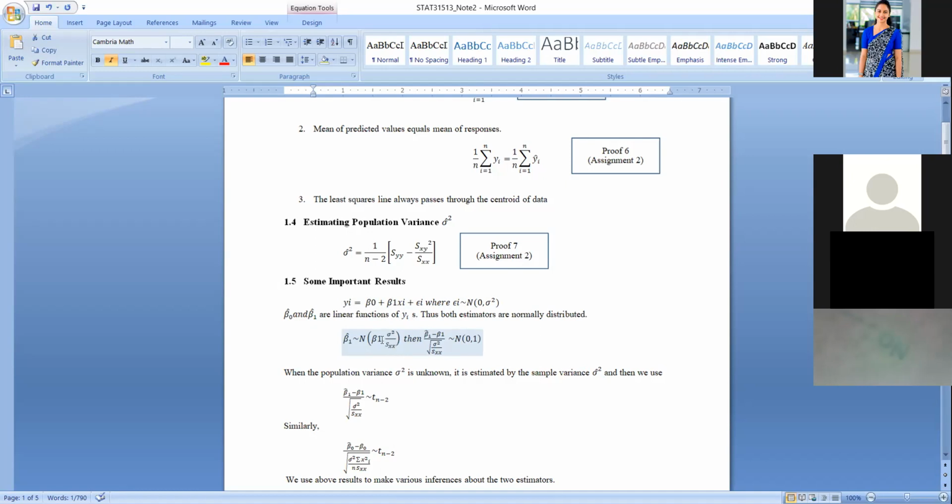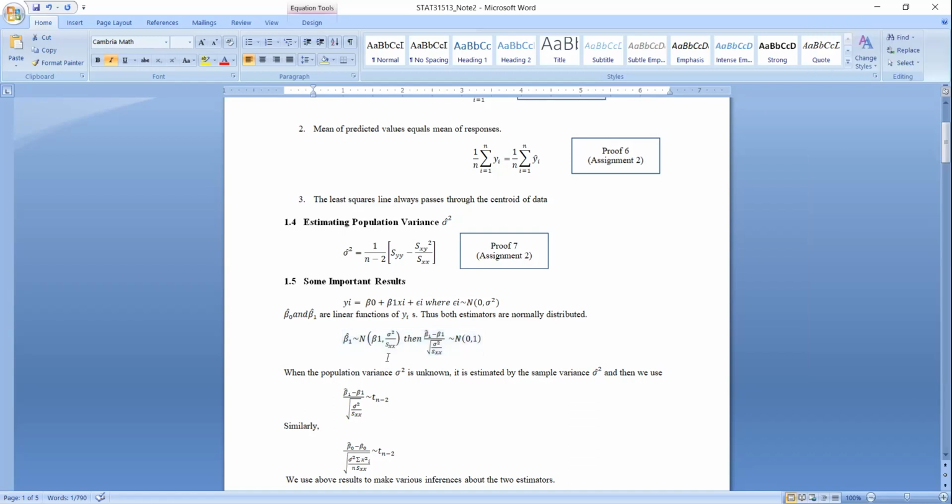We know what SXX is: the squared summation of xi minus x bar, right? So the mean value of beta 1 hat is equal to beta 1, and the variance of beta 1 hat is equal to sigma squared divided by SXX.